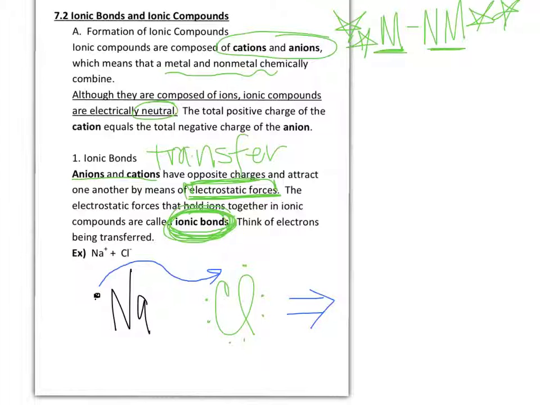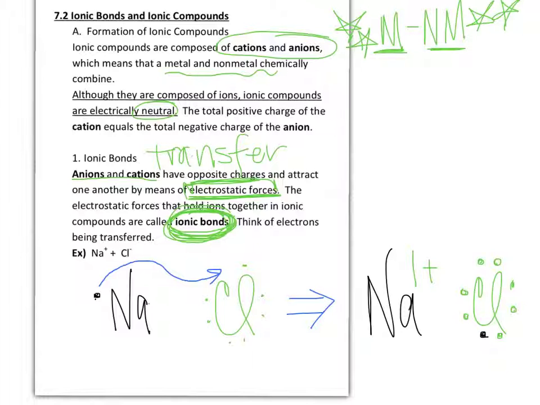and the result is that you will have a sodium that has a 1 plus charge, and you will have a chloride ion, and that chloride ion will have 8 electrons, and I am going to draw this one black to signify the sodium electron that originally was present, even though on the previous one I pointed up here.